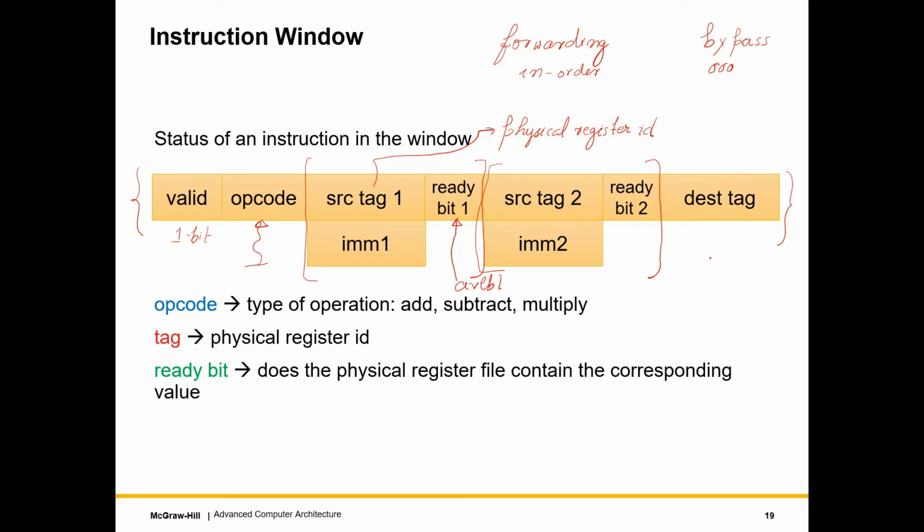And also we have the destination tag, where the destination tag is there if this instruction has a register destination. A lot of instructions don't. For example, the store instruction does not have a register destination. But if there is one, what is the physical register ID corresponding to this instruction, corresponding to this destination?